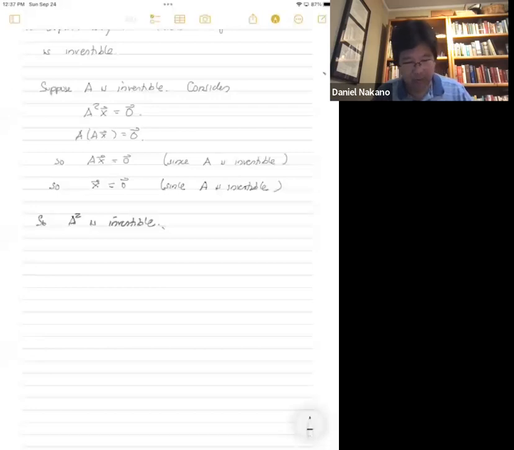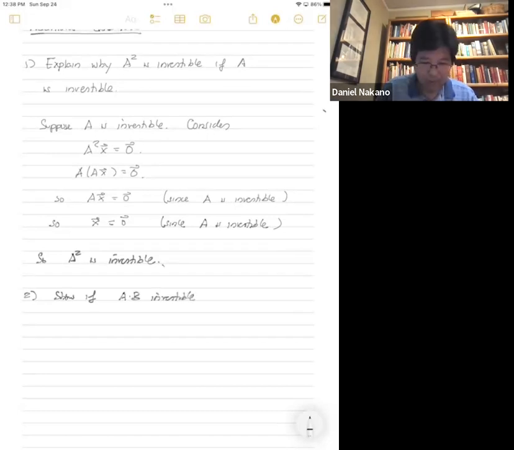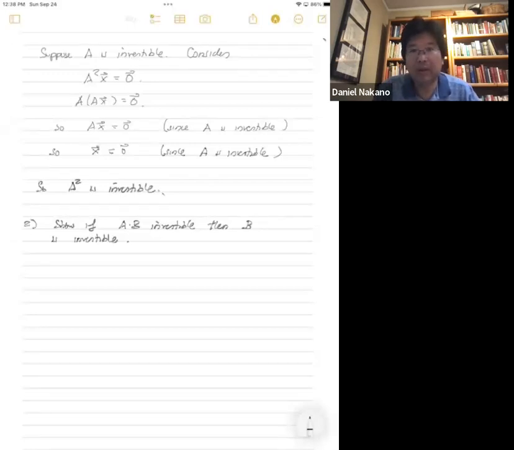Okay, so similarly, let's try a different problem. This is a similar type of problem. So show if A times B is invertible, then B is invertible. Well, we can use the same type of argument, right?